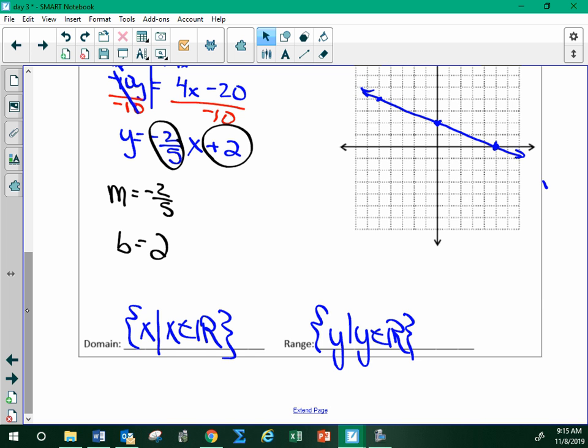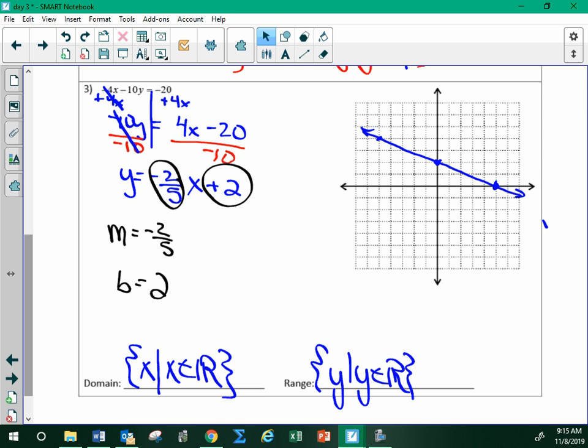I understand this. Do we have questions with this one? For right now, whenever we have lines like this, it's always going to be all real numbers. Our other graphs don't have that.